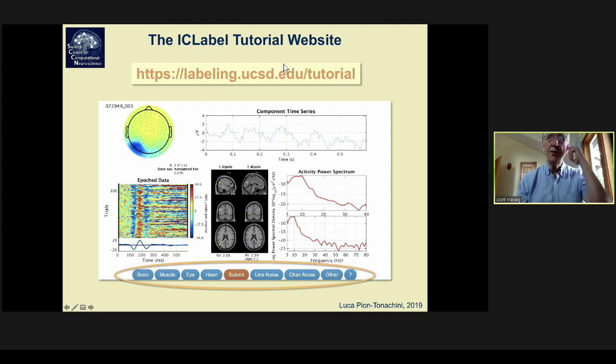Then there are 3 phases of the tutorial. One is that it will give you explained examples, where it shows one of these pictures and says, this is why experts select this as being a brain component or a muscle component and so on. So you can go through that tutorial. And then after that, it gives you examples with feedback.